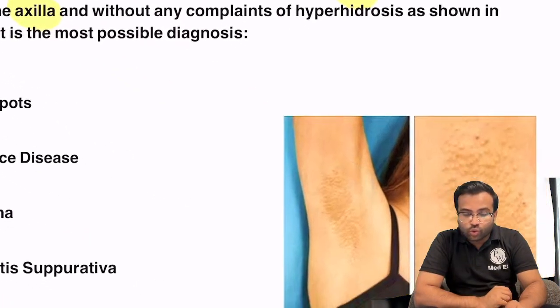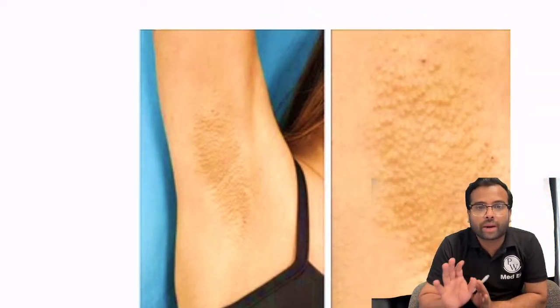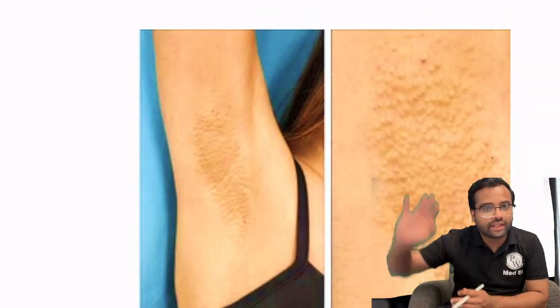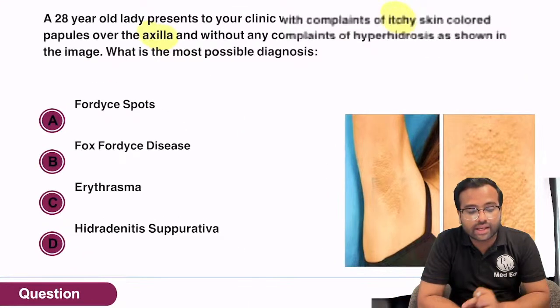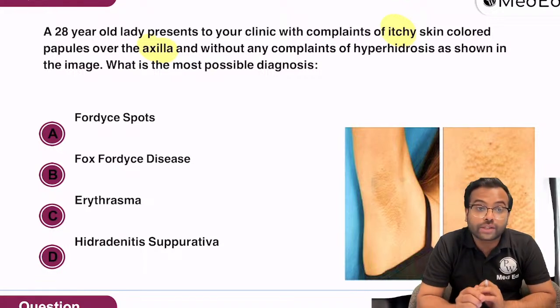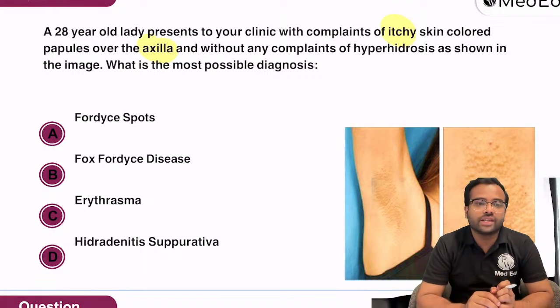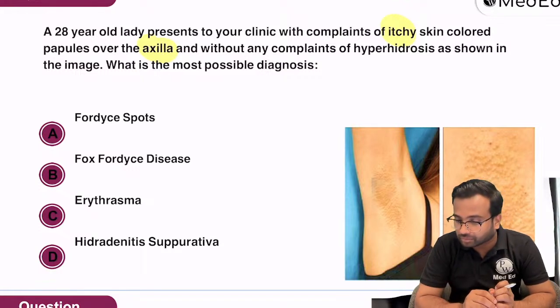So I will just zoom this image for you. In this image, what do you see? There are multiple papular lesions, and these lesions are seen over the axilla of the patient, right? So in this case, what is the diagnosis going to be? Options are Fordyce spots, Fox Fordyce disease, erythrasma, and hidradenitis suppurativa.